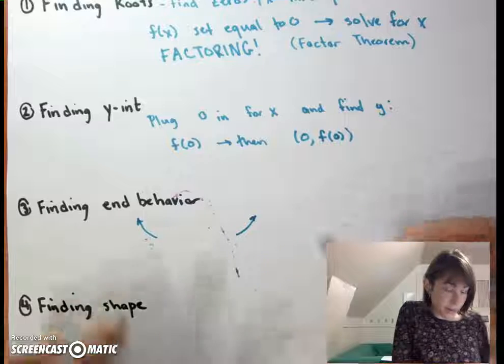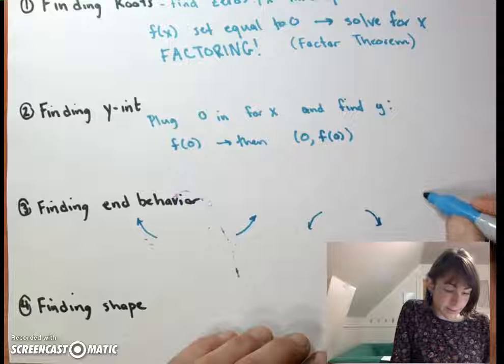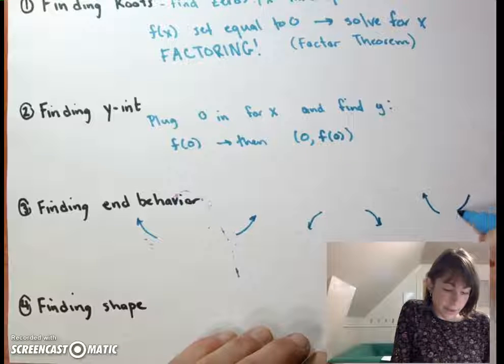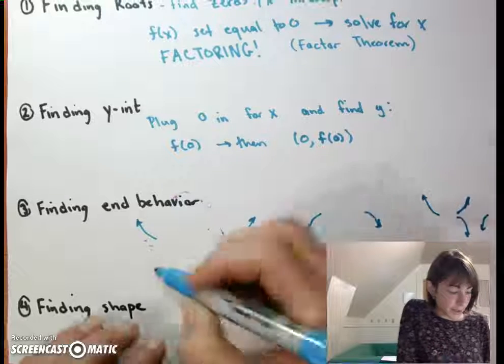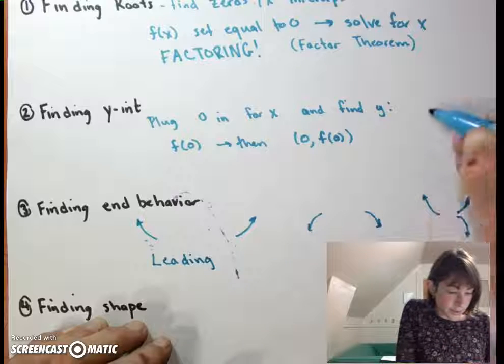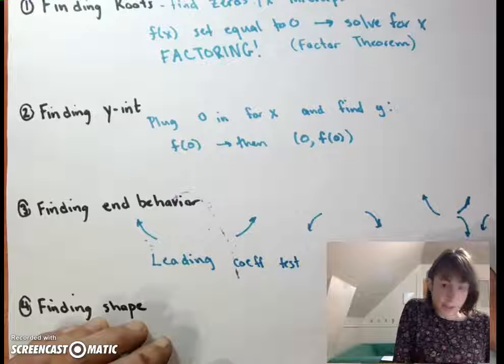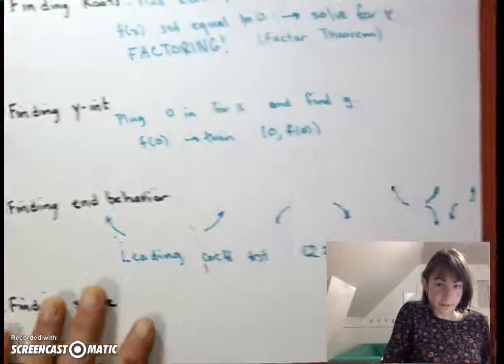To find the end behavior, so what happens as we go to the left or the right, we can either have both rising, both falling, one up, one down, or one down, one up. This is the leading coefficient test. And this you saw in section 2.2.